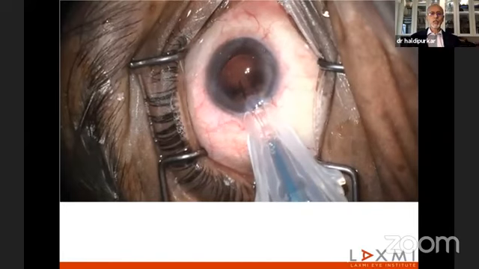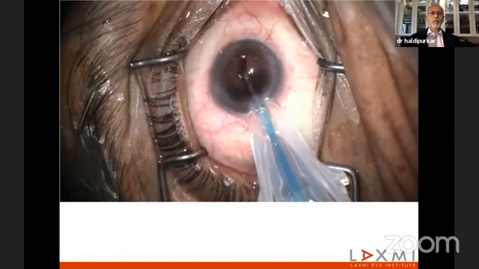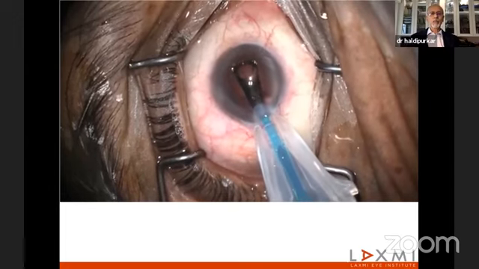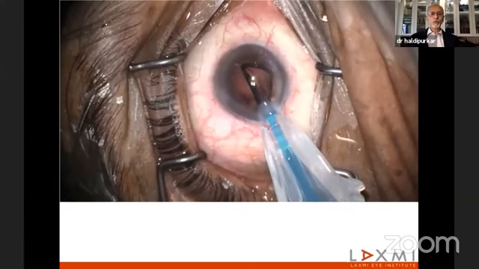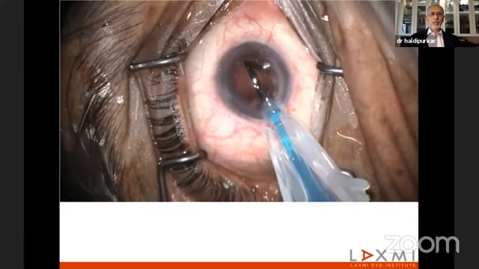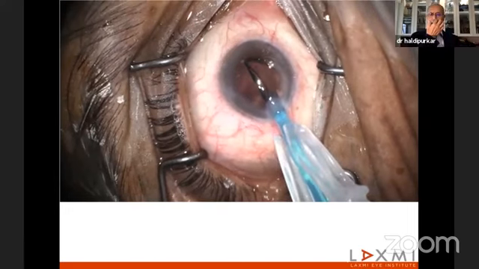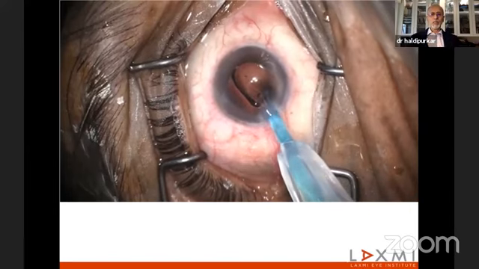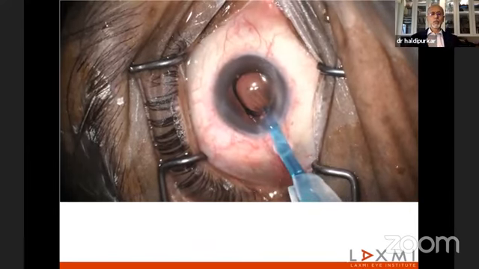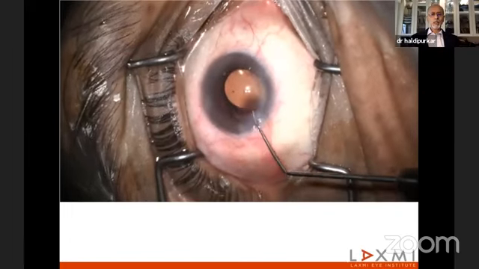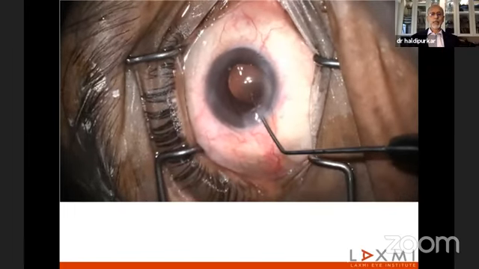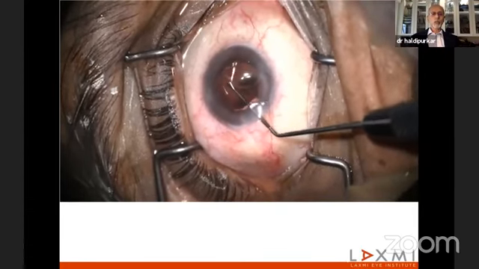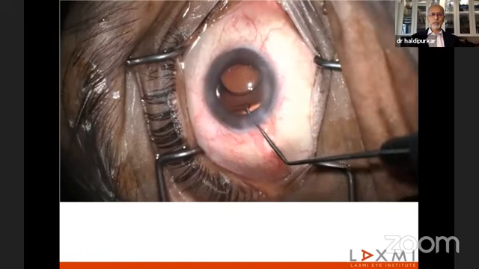Here the shield is in the default position and the lens is directly getting placed into the bag, and the material is such that it unfolds so comfortably that it's very repeatable and very precise. And mind you, presently this is done through 2.2, but you can do it with equal ease even through your 1.8 incision, provided you have the phaco ability to complete your phaco with a 1.8 incision.